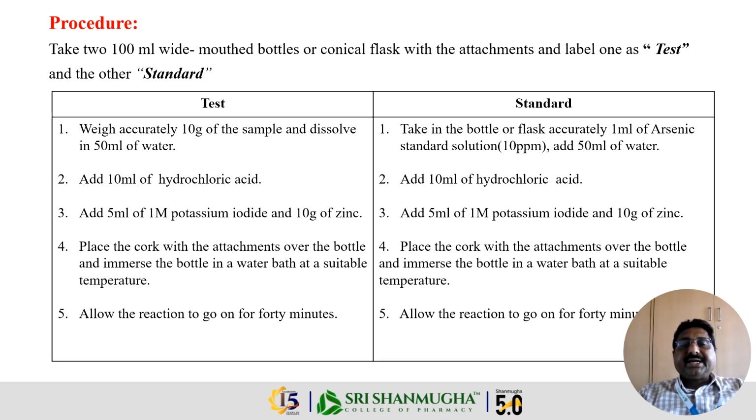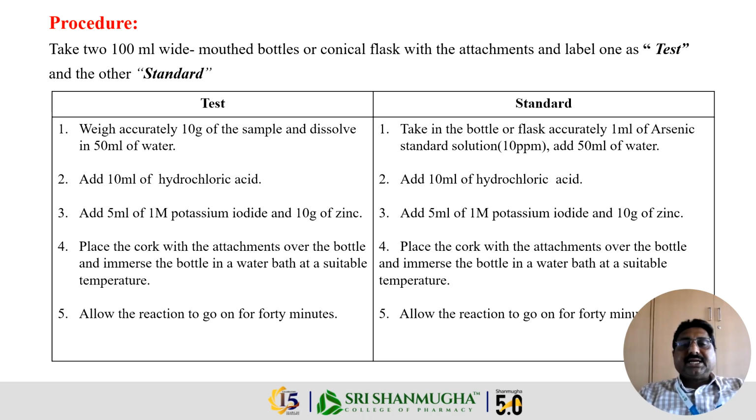Close the apparatus immediately. Allow the reaction to go for 40 minutes. During the reaction, arsenic gas is formed and moves upward to the mercuric chloride paper. A stain will develop on the paper.